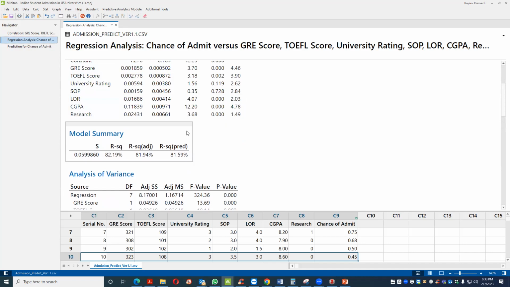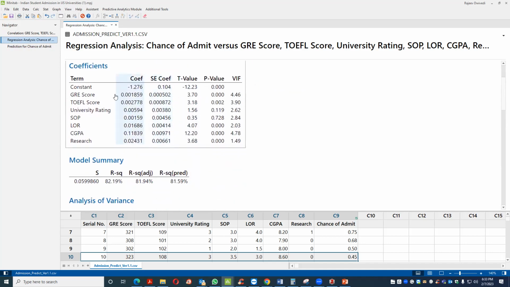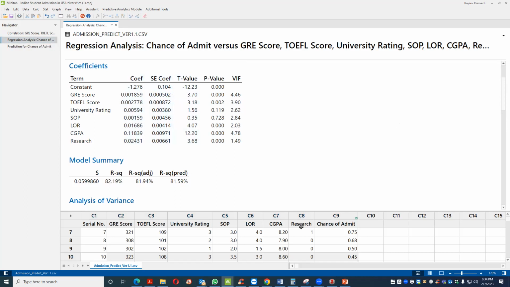Now I remember one more concept to explain. Here you can see, do you establish any relationship here? See this into this into this. There is a relationship between the coefficient, standard error of coefficient and t-value. Let me do it for you.